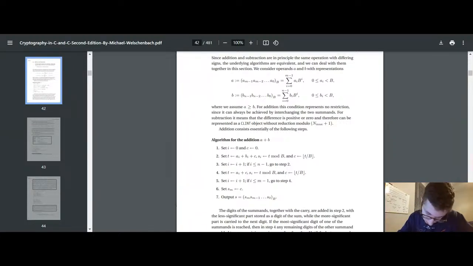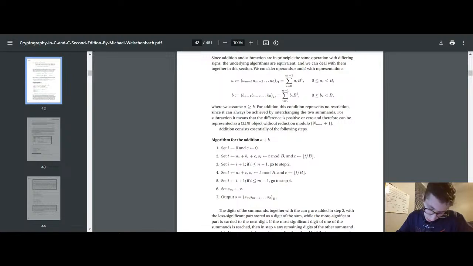So we're going to have an I variable, a C variable, a T variable, and S. We're going to separate this into 4 different categories.